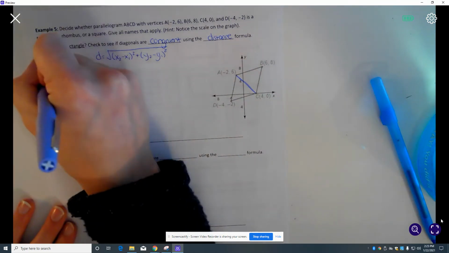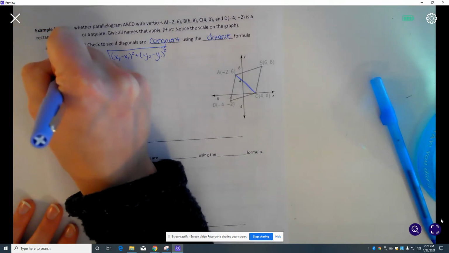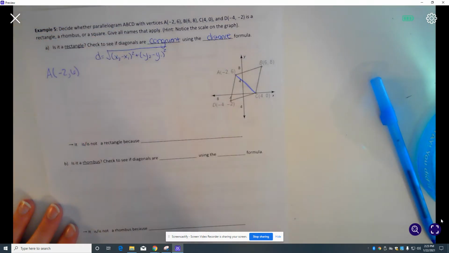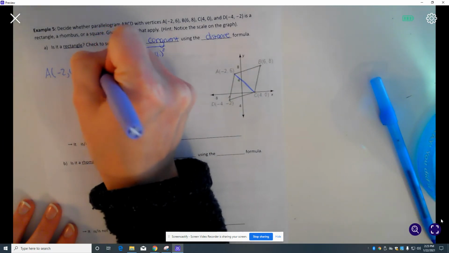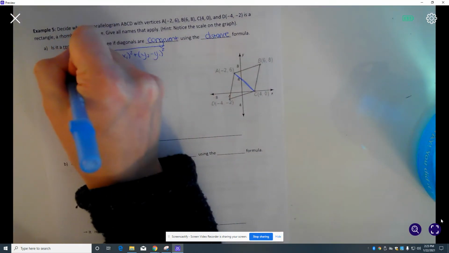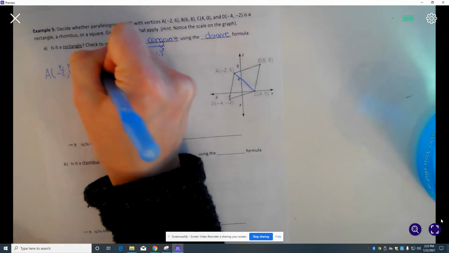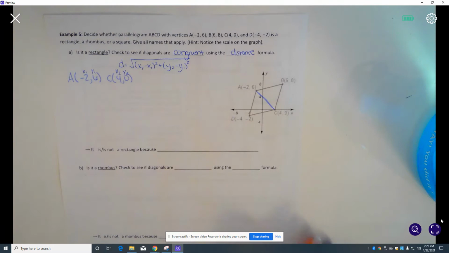We're going to find the distance of AC using point A, which is at -2,6, and point C, which is at 4,0. Now, when I use the distance formula, I like to label my points x1, y1, x2, y2. And I'm going to go ahead and start to plug this in.